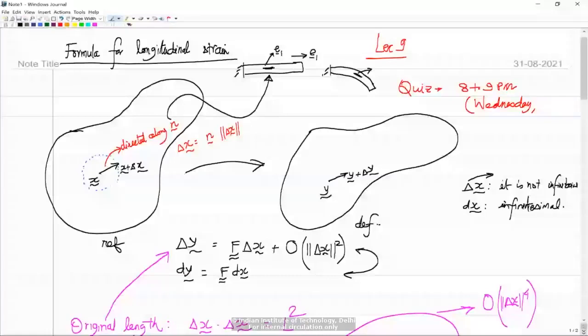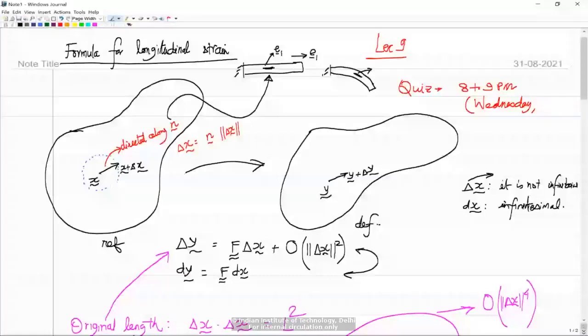See, what the strain gauge does is simply measure change in length. Because it's a practical instrument, it is going to measure change in length for a length which is finite. But the formula that we have derived is for infinitesimal line elements, so obviously that error will be there. What the strain gauge has given us does not hold as you take the limit delta x going to 0, so it has some finite magnitude of delta x.